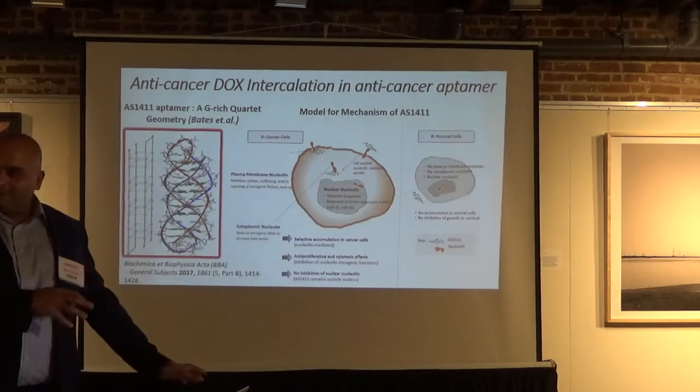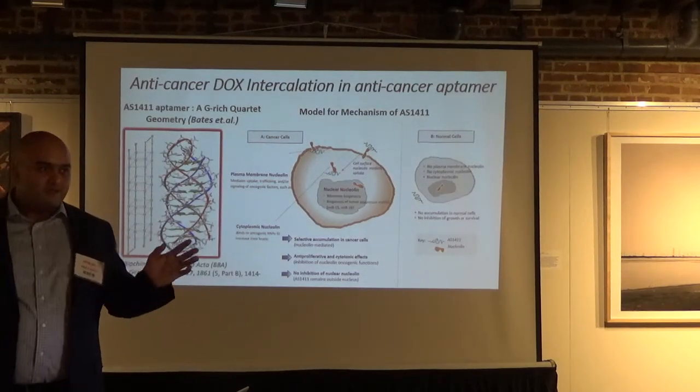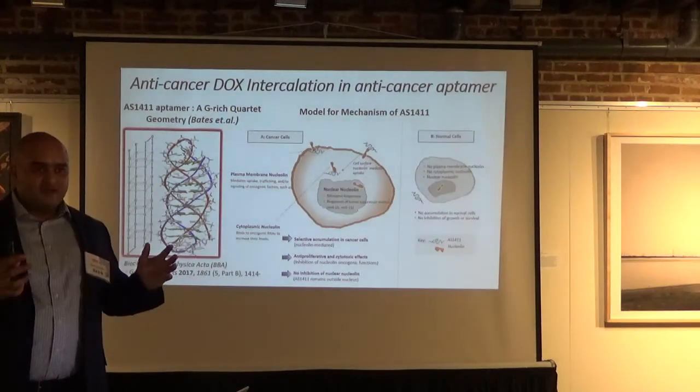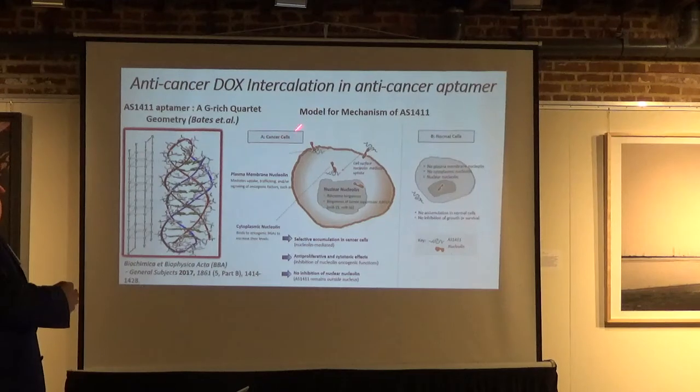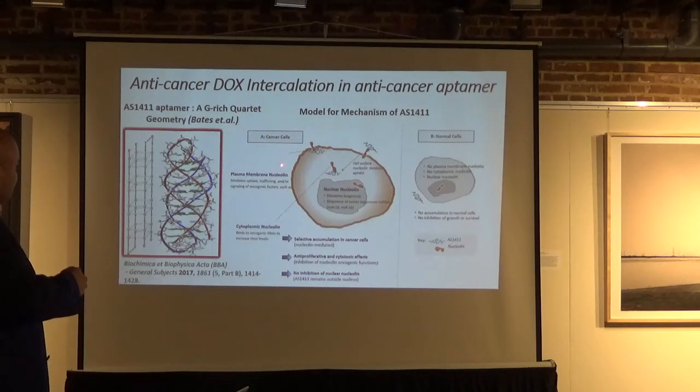This is the aptamer we are going to use. We have some research done, and if it's successful in cell studies, we are lucky. But this is the very core part of this talk. This is an anti-cancer aptamer which intercalates with dox, or dox intercalates into the aptamer, sorry. It's a quadruplex aptamer.